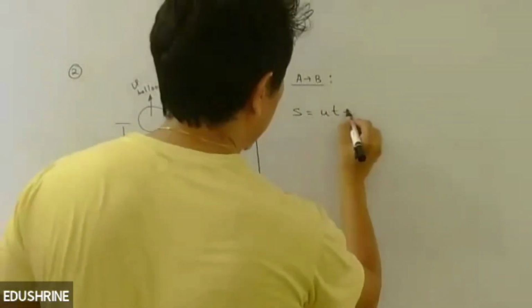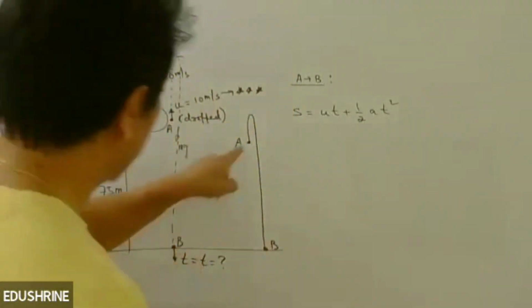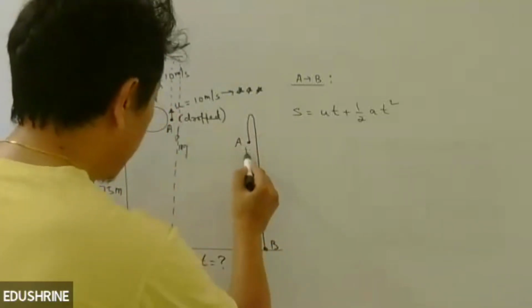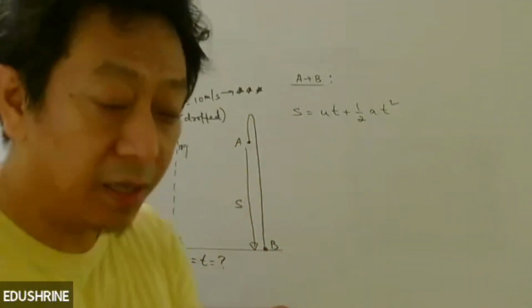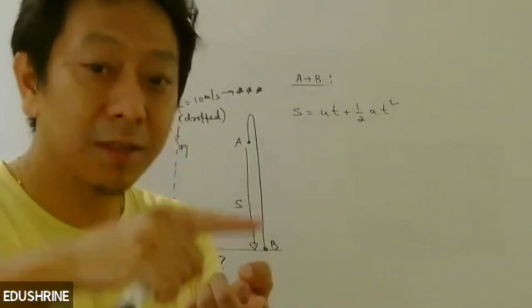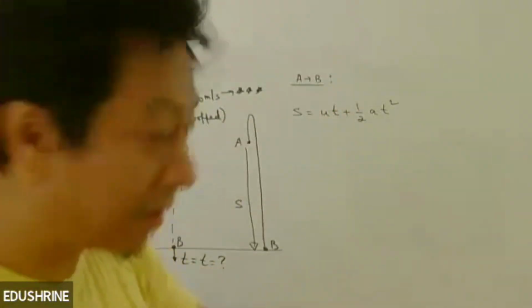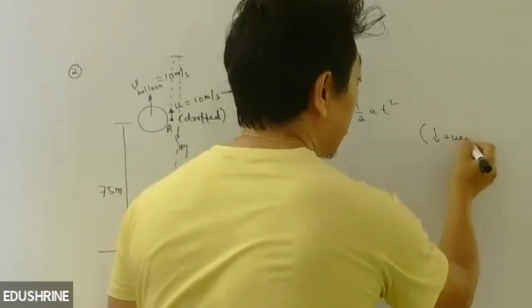S equal to ut plus half at squared. Why am I using this formula? Because the body went from A to B, so this will be your displacement. And since finally it came down, it may be going up, but finally it came down, I am going to take down positive.